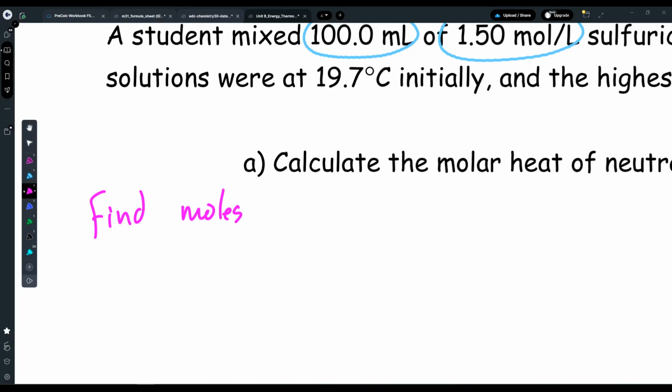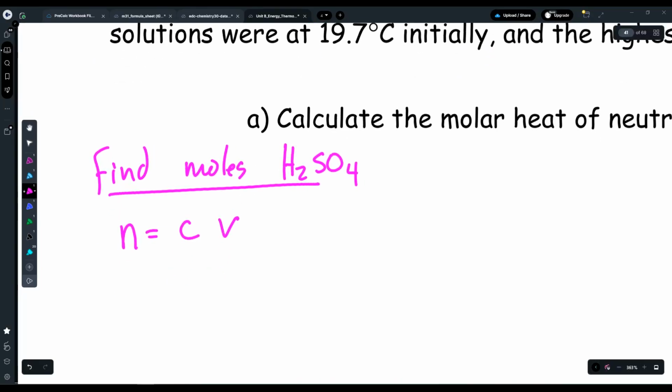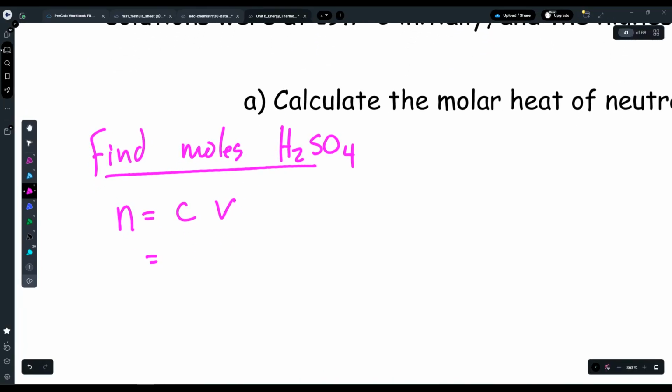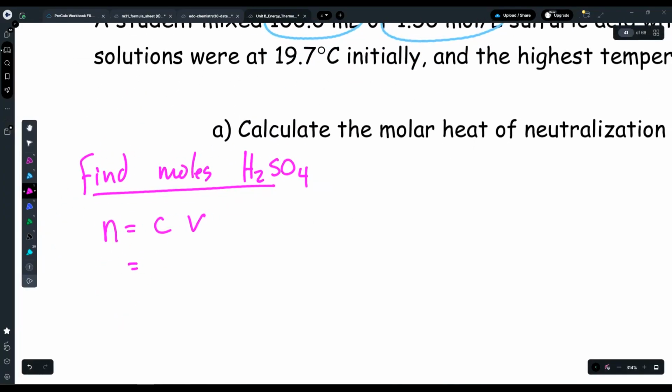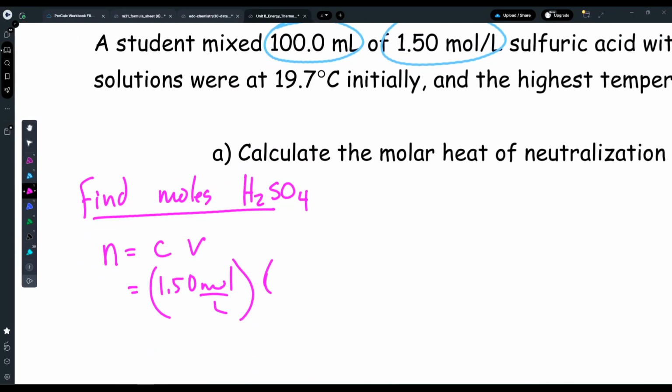So the formula for sulfuric acid is H2SO4. Our concentration was 1.5 mole per liter, and 100 divided by 1,000 is just going to be 0.1 liters.